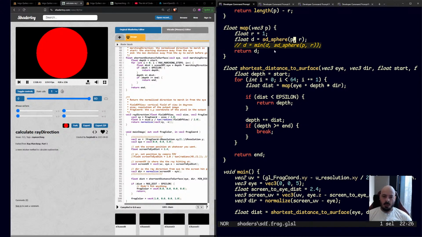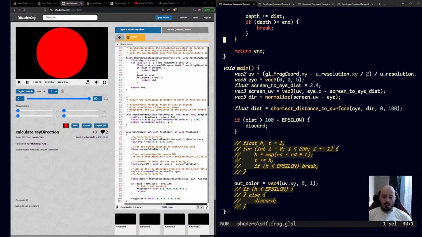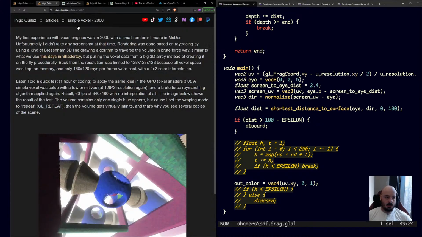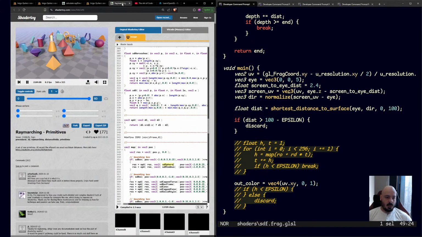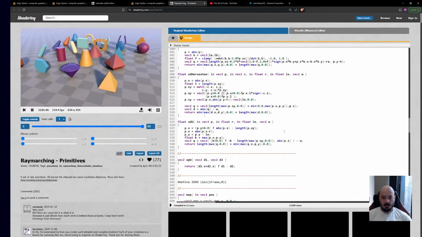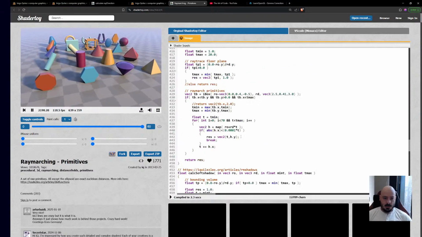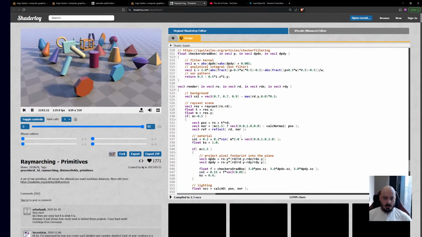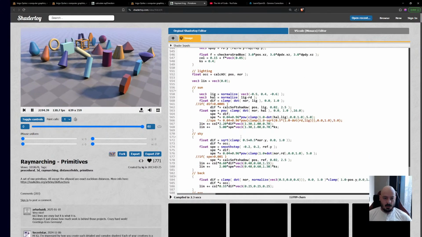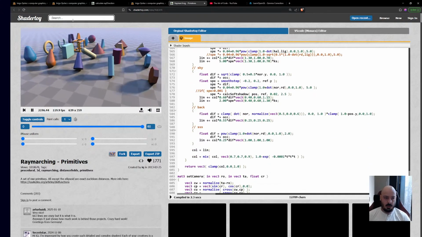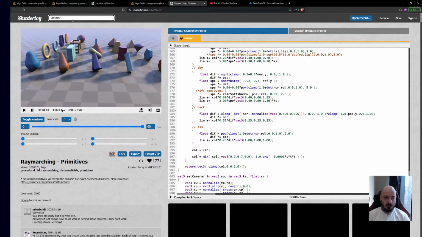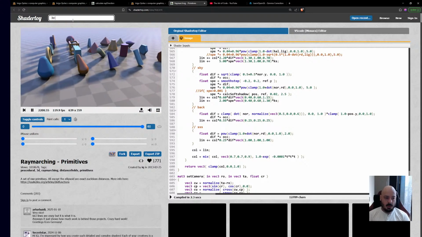So what we've got here is SD sphere. Actually, I think I can look at this example to get sort of an idea. Although the code is a little bit dense, and it's quite complicated. Let's see if I can actually find 3D ray marching.